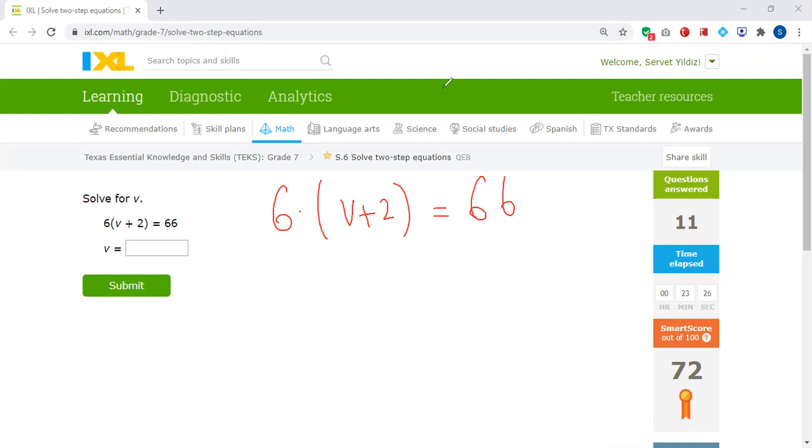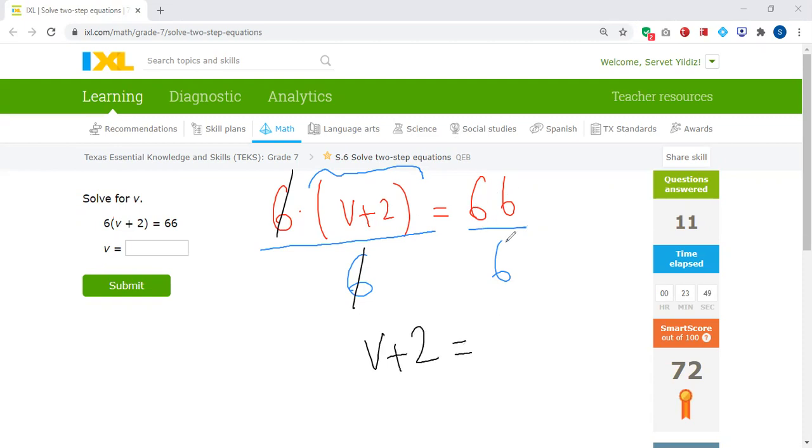So in order to find the value of this bracket, I can divide both sides by 6. Divide by 6. So 6 and 6 will be canceled out. On the left, I'm going to be left with v plus 2. And 66 divided by 6 is equal to 11.